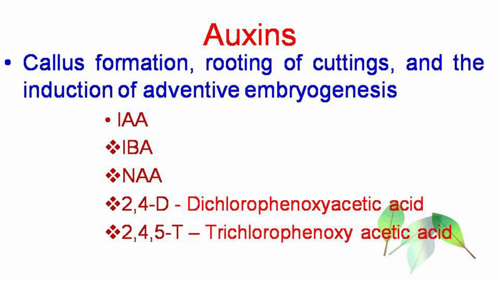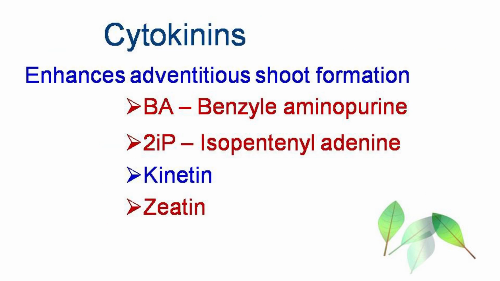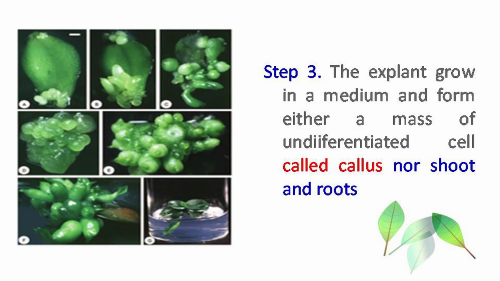IAA means indole acetic acid, IBA means indole butyric acid, NAA means naphthalene acetic acid, and 2,4-D means 2,4-dichlorophenoxyacetic acid. Cytokinin examples are BA, that is benzyl aminopurine, kinetin and zeatin.